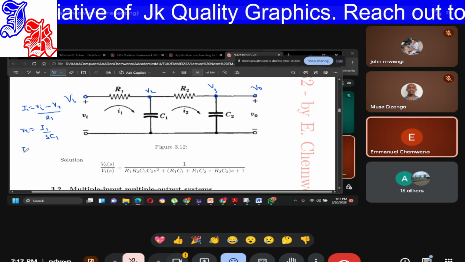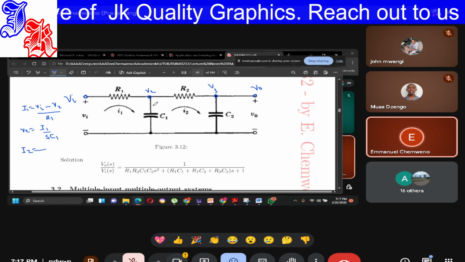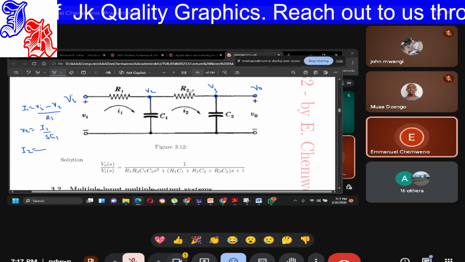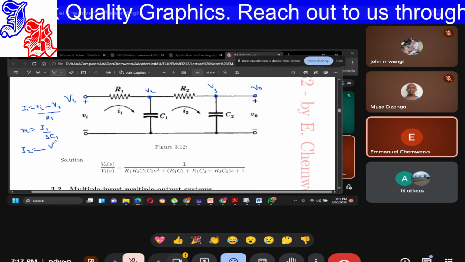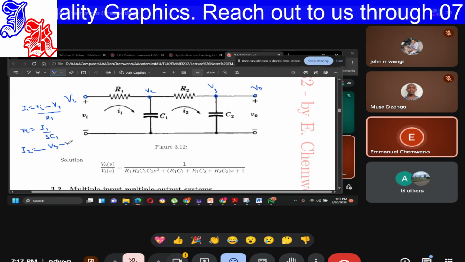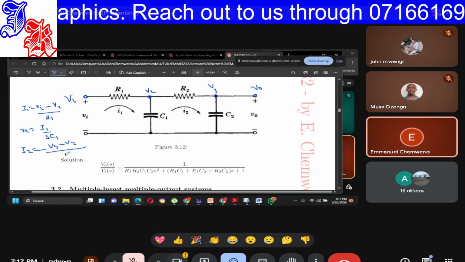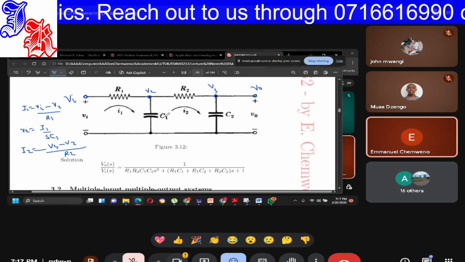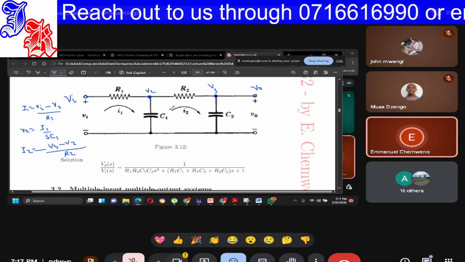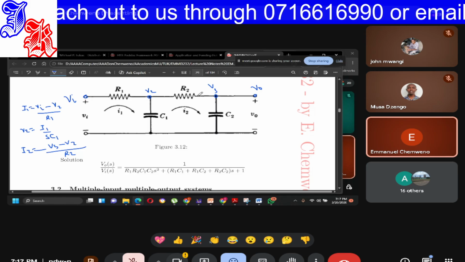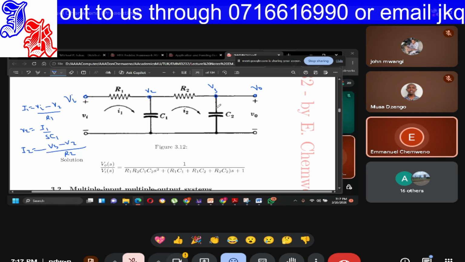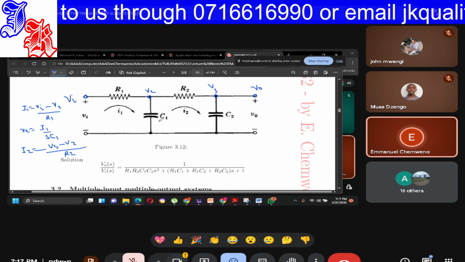I2 is equal to the current through this resistance, which is V3 minus V2 over R2. And this V3 is the voltage across this. I'm sorry for this.